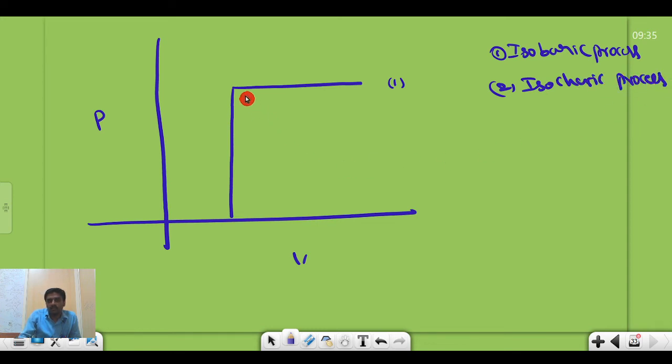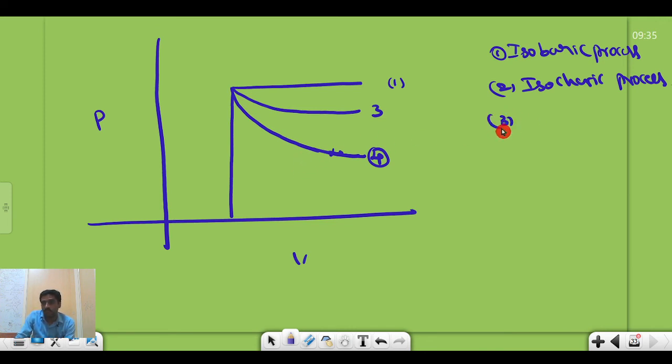Now I am taking the two graphs at a time. The other ones have more slope; this is the third one, and this is the fourth one. Which one has the less slope? Less slope represents the isothermal process, and more slope represents the adiabatic process.